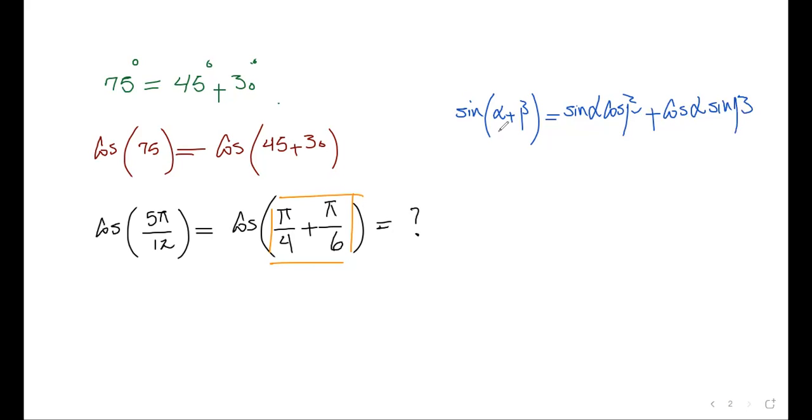And we said that if instead of adding we have subtraction, which I denote in red color, then sine of alpha plus or minus beta is sine alpha cosine beta plus or minus cosine alpha sine beta. That's what we discussed extensively before.